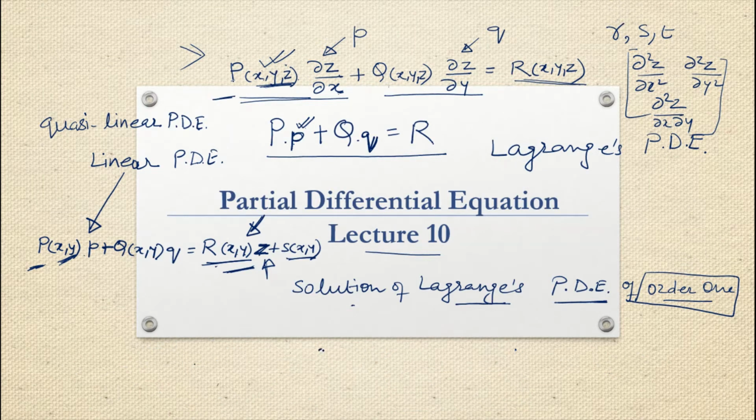As an example of a non-linear partial differential equation, this can be x square p square plus y q equals z. Since the power of p is more than 1, you cannot solve this type of equation using Lagrange's method, because this is a non-linear equation.